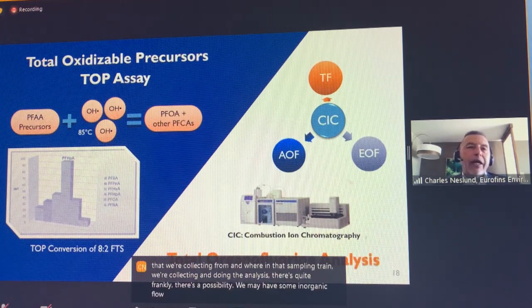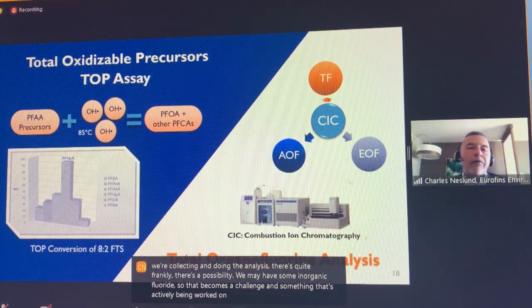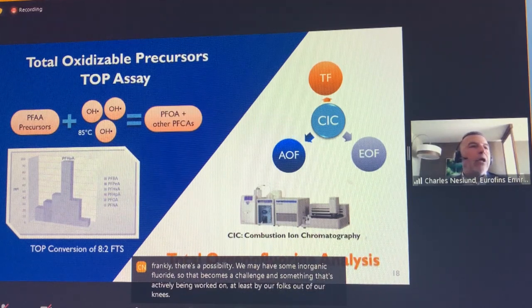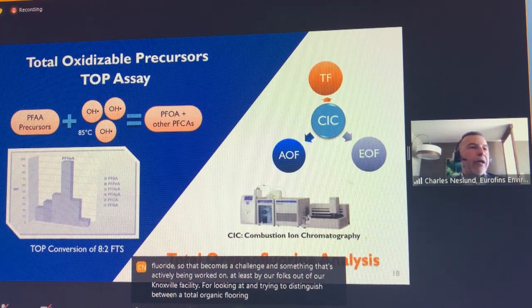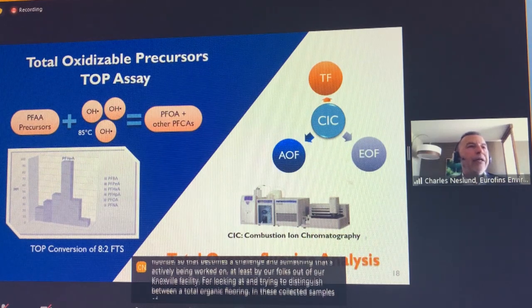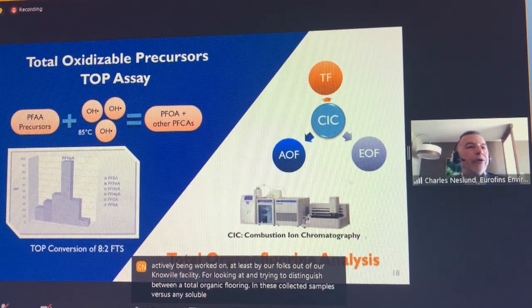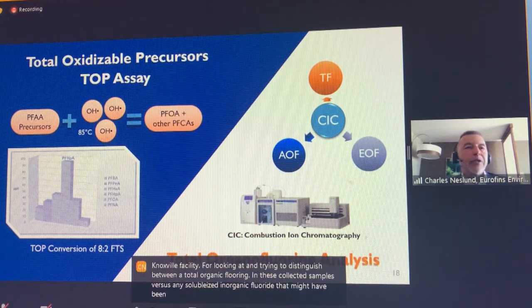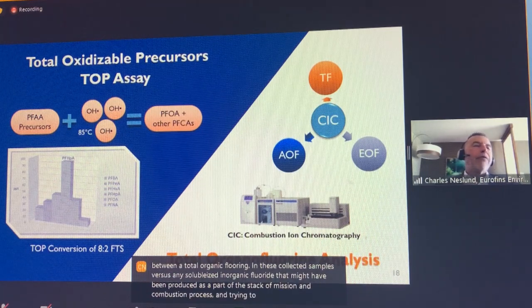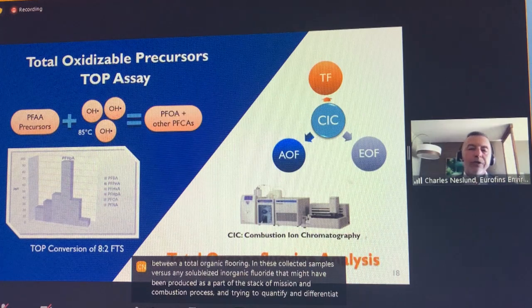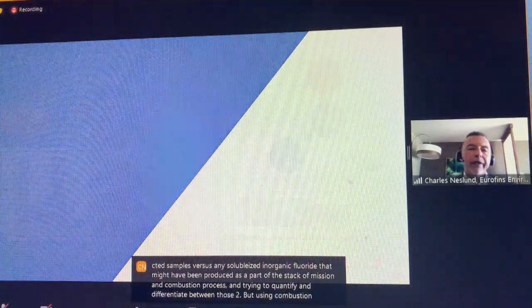That becomes a challenge and something that's actively being worked on, at least by our folks out of our Knoxville facility, to distinguish between total organic fluorine in these collected samples versus any solubilized inorganic fluoride that might have been produced as part of the stack emission combustion process, and to quantify and differentiate between those two using combustion ion chromatography.